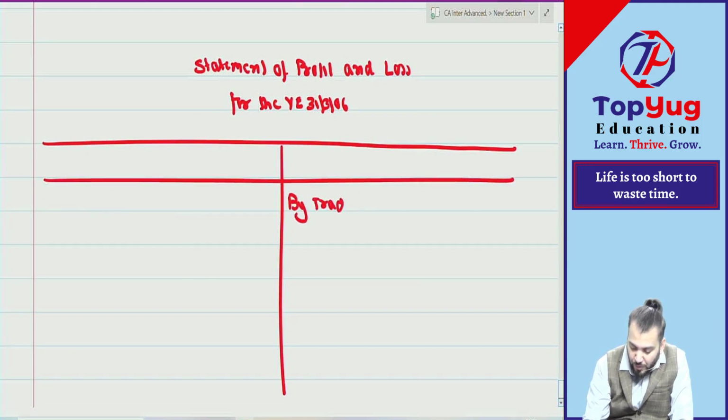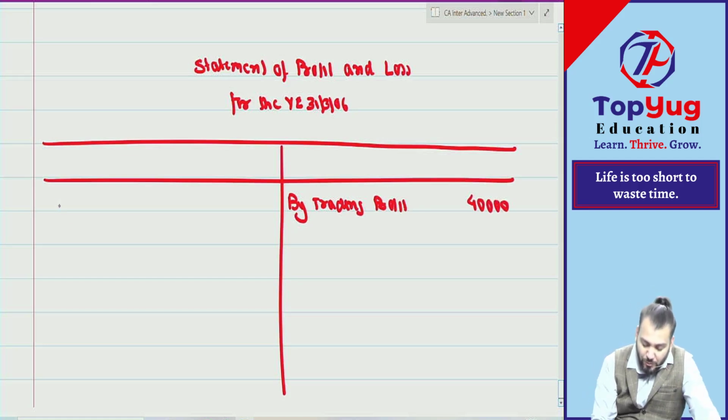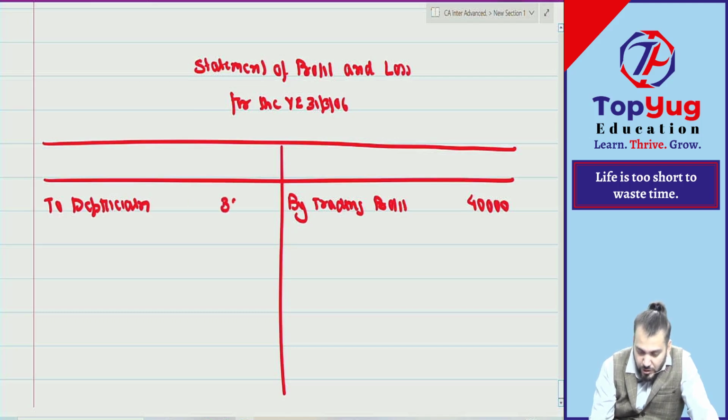By trading profit they have given how much? 40,000. Can you write down to depreciation? Because this is before depreciation. So to depreciation how much? 3,000. Correct.